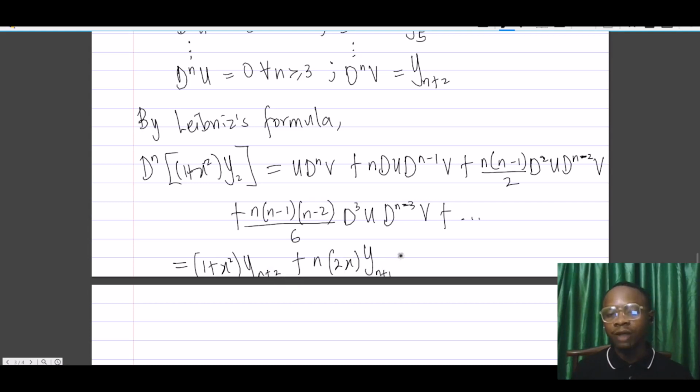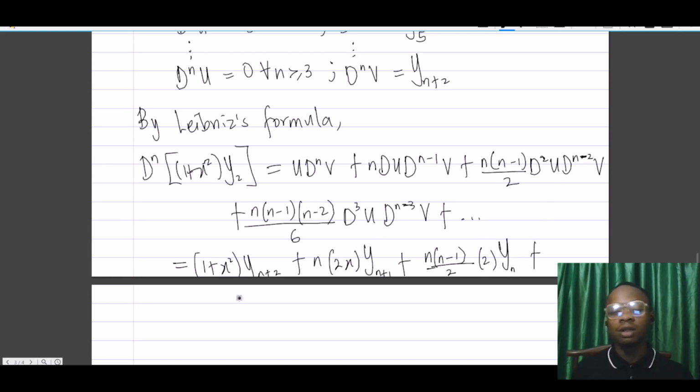Then the next term will be n into n minus 1 divided by 2. Then this will be u'', which is the derivative of this, which is 2. Then multiplying this expression, that will be y into n, since n minus 2 plus 2 is n.